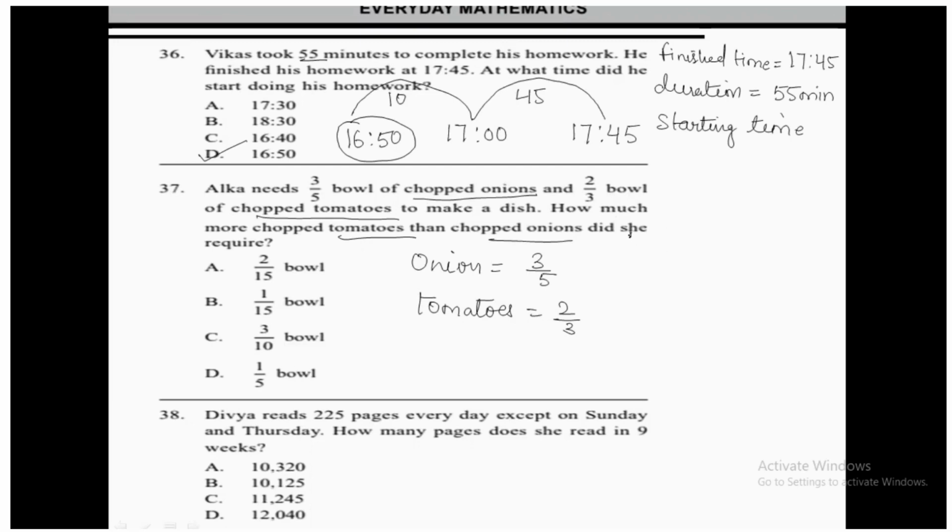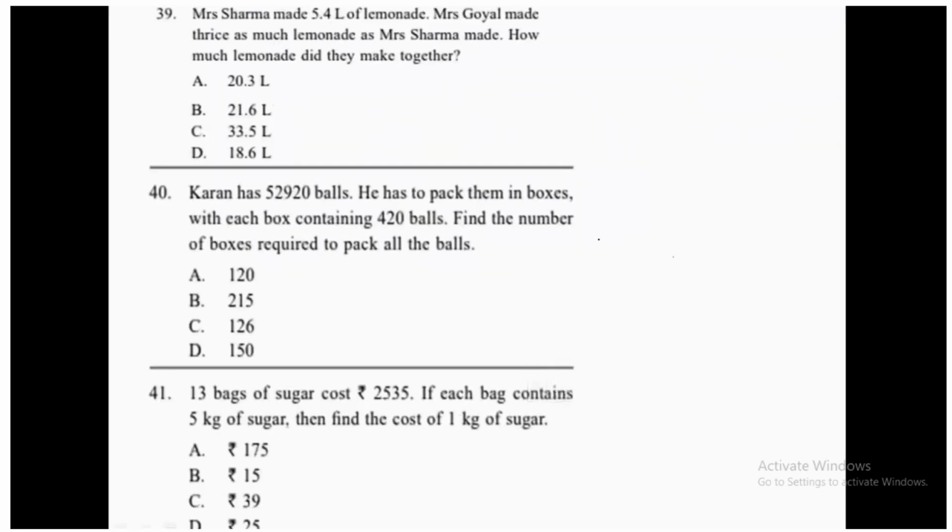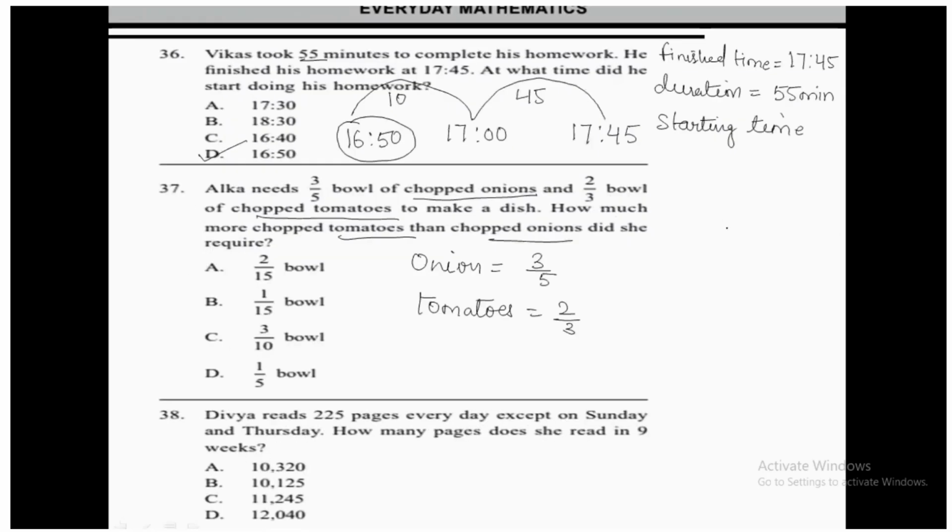We need to subtract onion from tomatoes. So what we are getting is 2/3 minus 3/5. Now we need to take the LCM. When we take the LCM of these two numbers, we get 15 only.